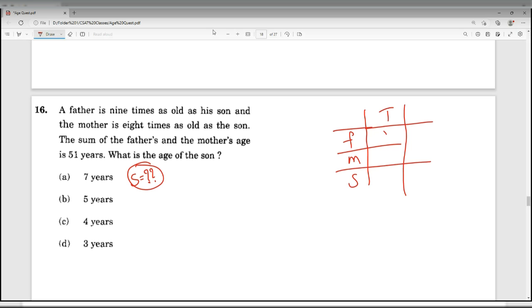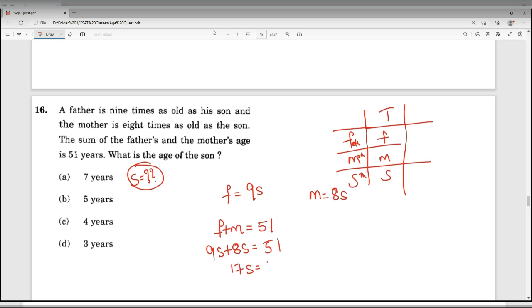Father's age is 9 times his son's age, and mother's age is 8 times the son's age, and the sum of father and mother is 51. So we have 9s plus 8s is equal to 51. This is 17s is equal to 51. s is equal to 3. D is the correct answer.